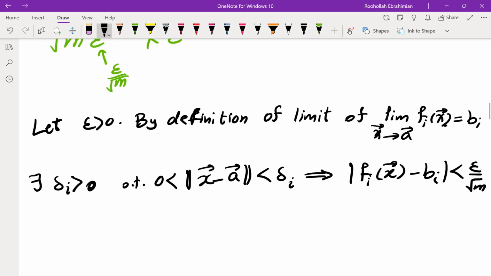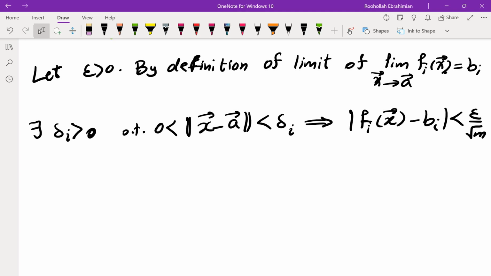So this is true for every epsilon. I can just use epsilon over root m because epsilon over root m is also positive.